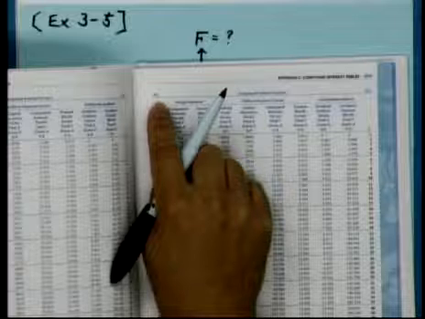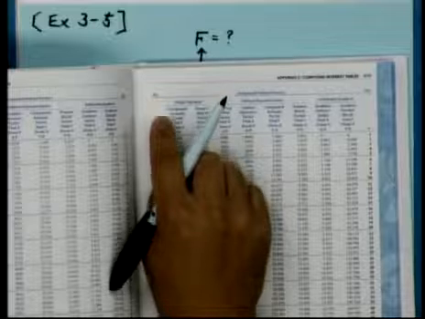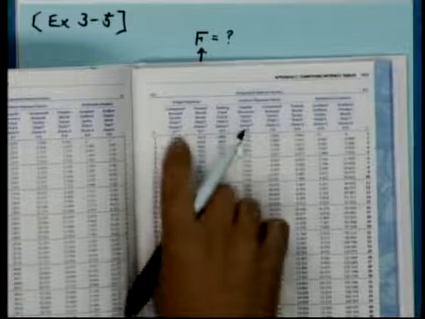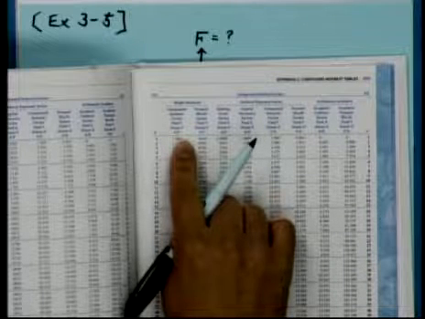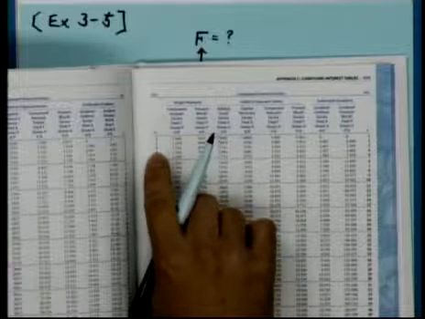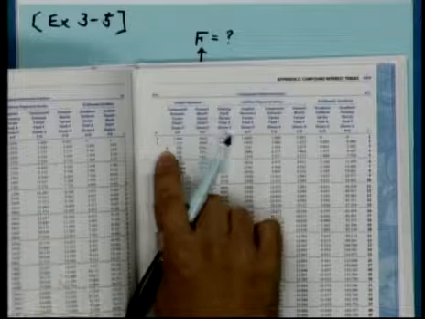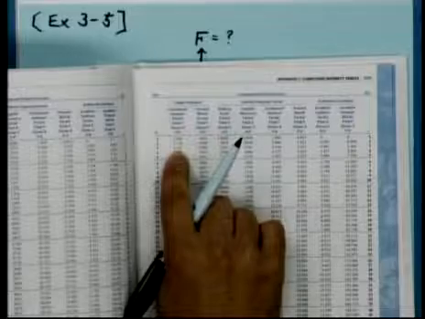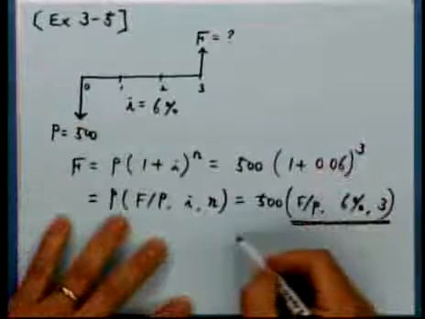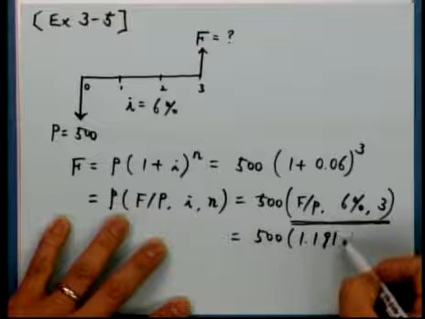And we want to find a future sum F given the present sum P. So we are looking for F given P, which is the first column, right? And the number of compounding periods is 3 years. If you look at the row corresponding to number 3, you can find the value of 1.191 here, which means this factor value would be 1.191. Okay?